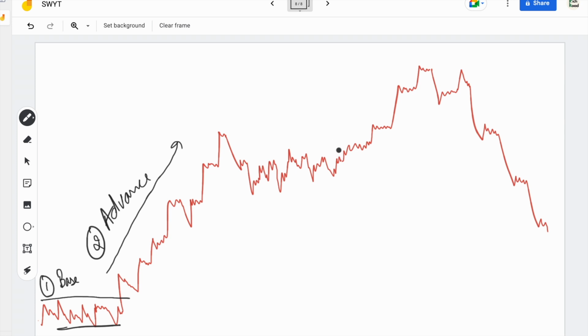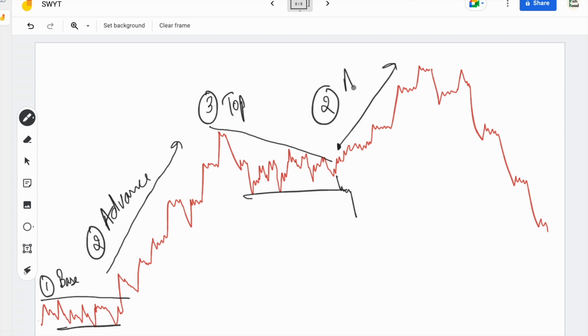Then, when the stock is at this point, in terms of time, you will say that this is a top area according to the book, and you will expect the price to do this. But what does the price do? It again goes into stage 2, advance phase.